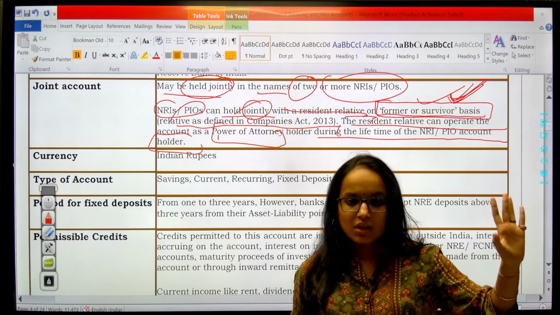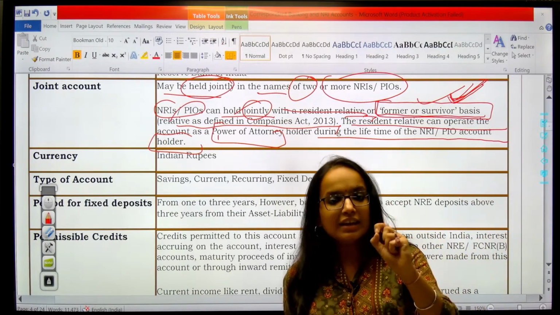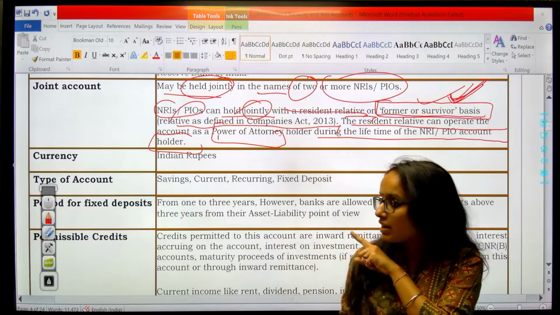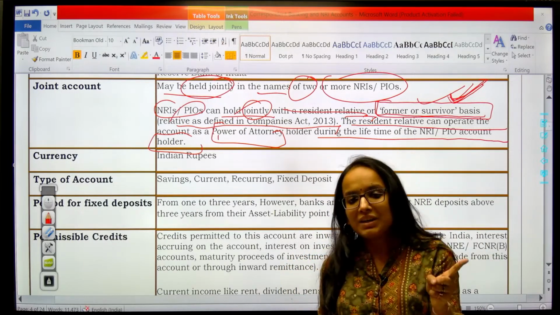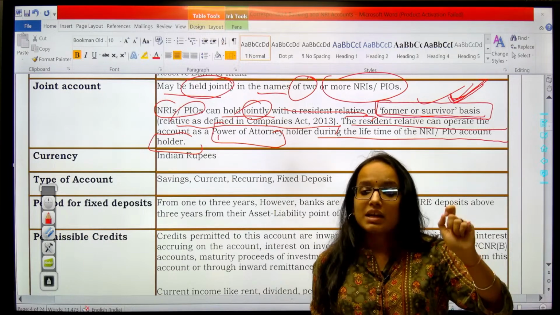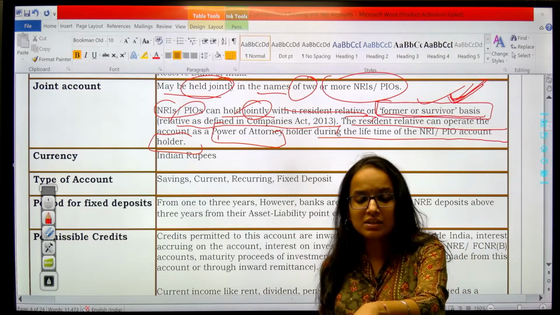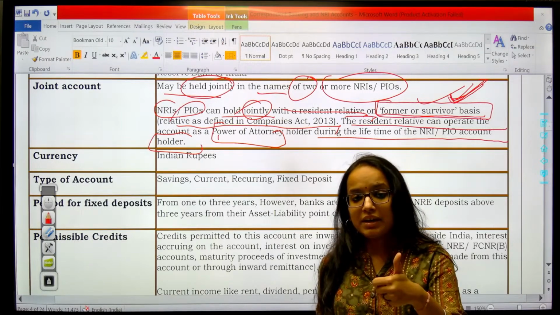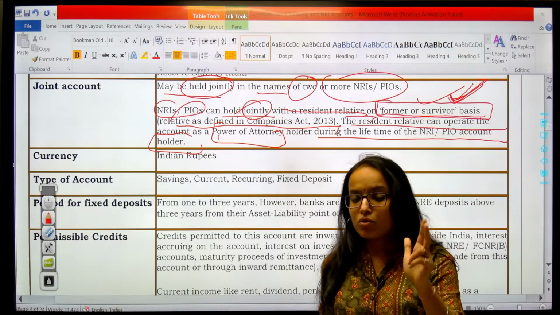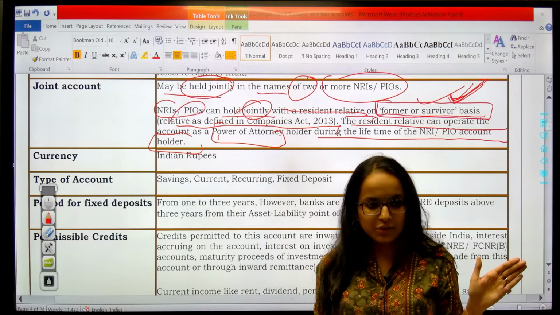No. The relative resident of the NRI or PIO can operate that account only after the demise of the original account holder. If the account holder wants the relative to operate it, that can only be done as power of attorney on behalf of the original account holder. Are you getting this point?